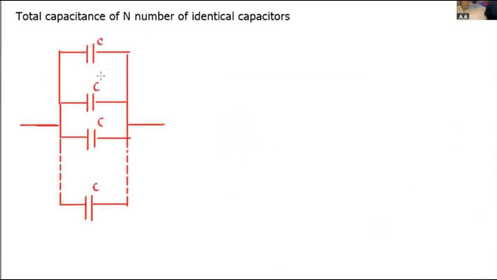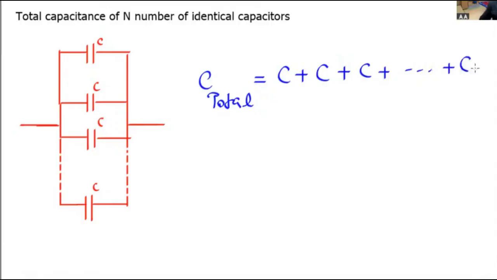Next, total capacitance of n number of identical capacitors. N identical capacitors are in parallel. Then the capacitance of each capacitor is C. එතකොට අපිට පුළුවන් to get the total capacitance C total. Then we have to add C n times නේද? n times අපිට add කරන්න තියෙන C. Then there are n terms here.